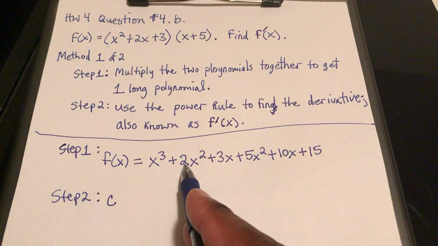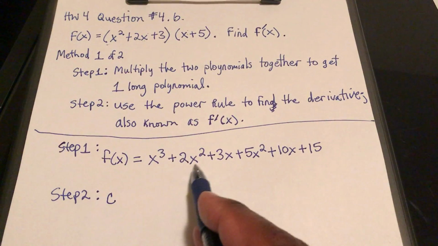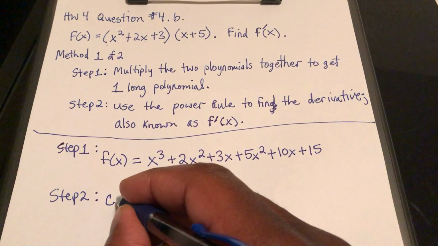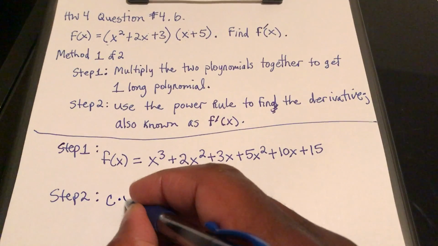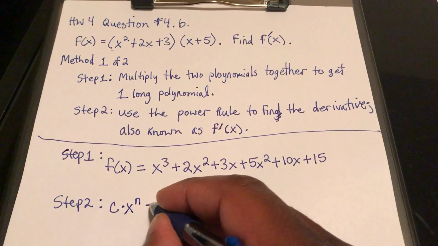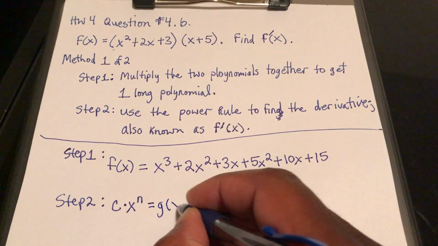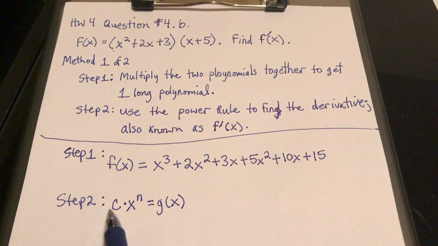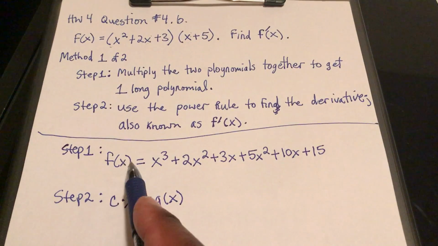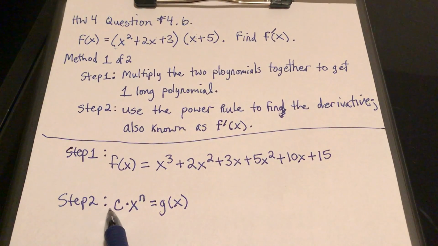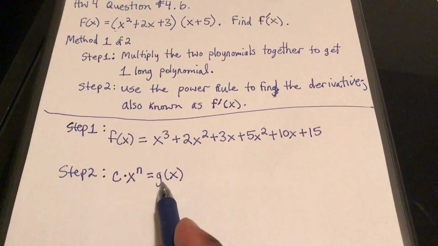For example, the c would be 2 in this term. If you have a term that says c times x to the n equals g of x. G of x could also be on the left hand side over here, just like f of x is on the left hand side. I just didn't write it in front of it, so I'm writing it behind it, but it means the same thing.